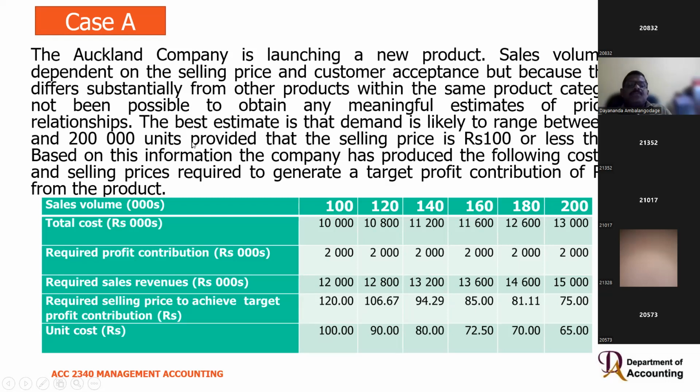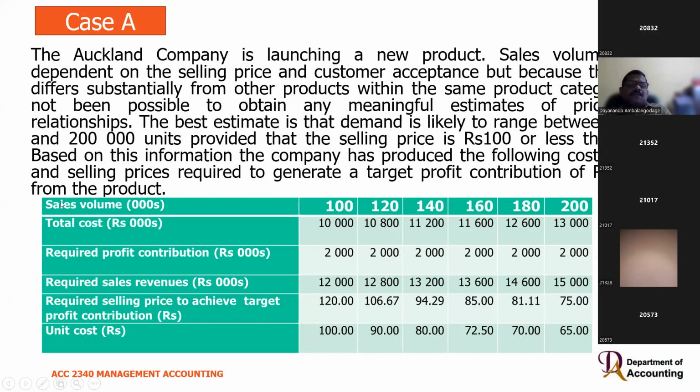The best estimate, based on experience and market information, is that Auckland company assumes the demand would be between 100,000 and 200,000 units, provided that the selling price is 100 or less. They say the price should always be 100 or less, not more than that. That is their expectation.